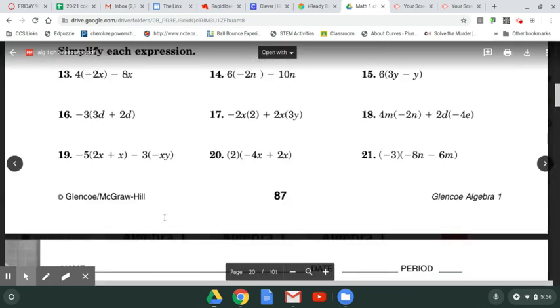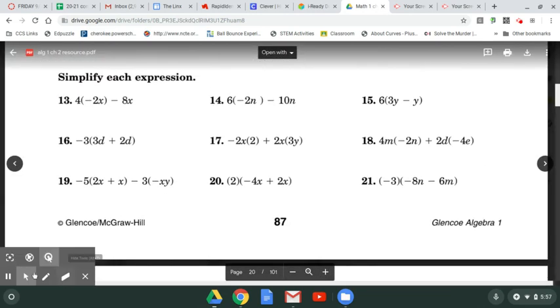Okay, so let's look at this here. These are expressions, and expressions do not have equal signs. They're numbers and operations.